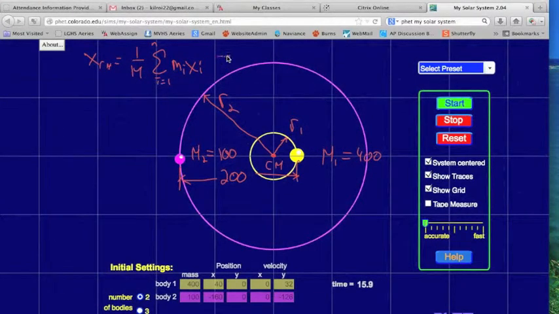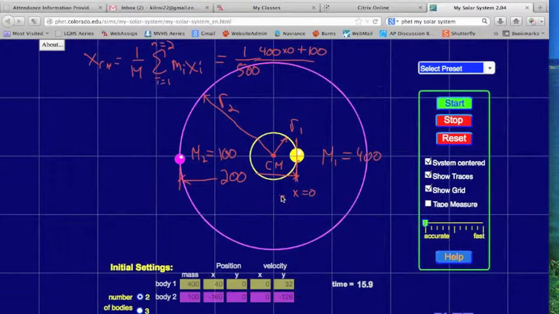So this does work. 1 over the total mass, and the total mass is 400 plus 100, or 500. And then what does this business mean? Well, n is 2. So up in the numerator I have m1, which is 400, times its x position, which I'm measuring from here, 0, plus m2, 100, times its position.